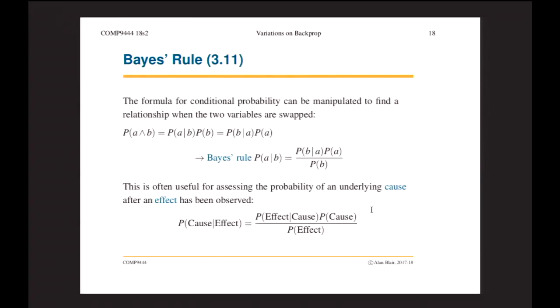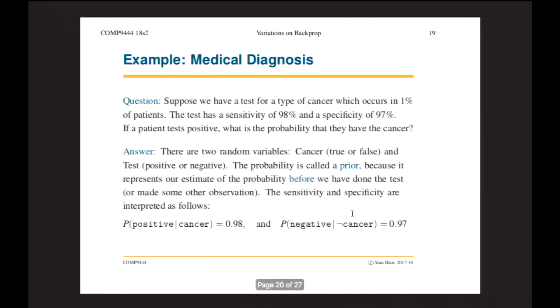So if we think that A is the cause and B is the effect, then the model tells us the probability of the effect given the cause, but then we want to know, if we've observed the effect, what's the probability of that cause given the effect, and it's equal to the probability of effect given cause, times probability of cause, divided by the probability of effect.